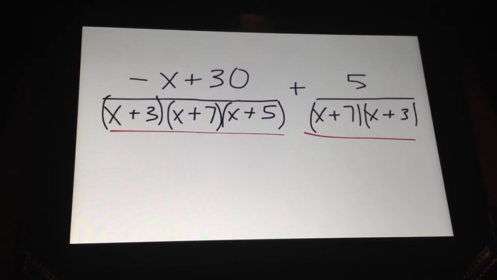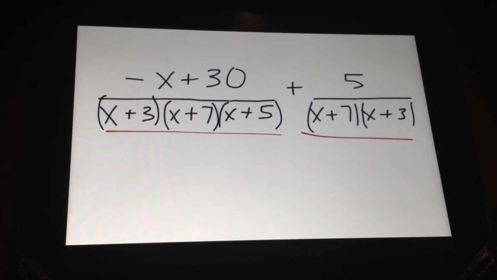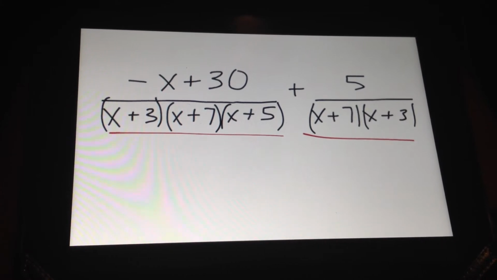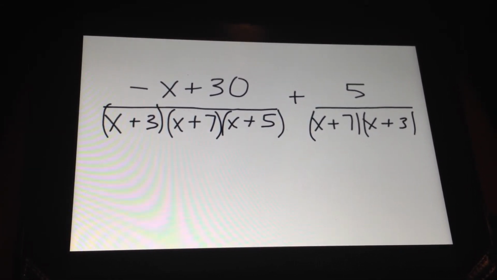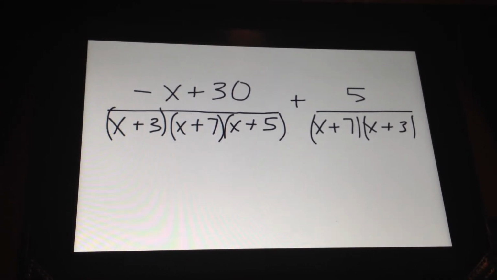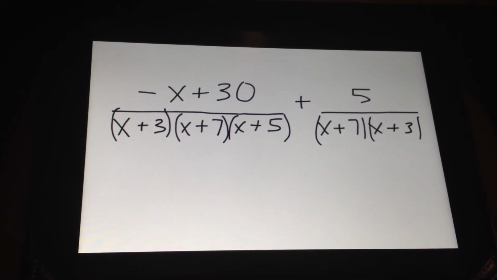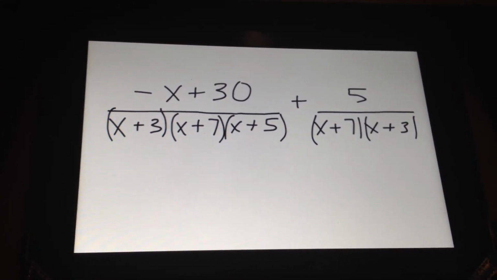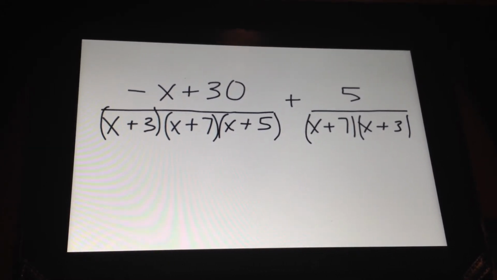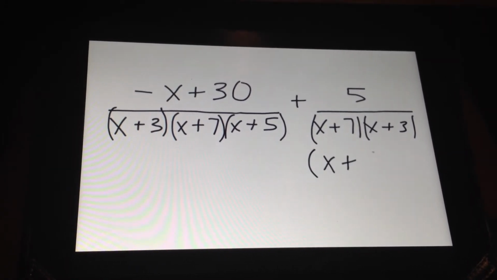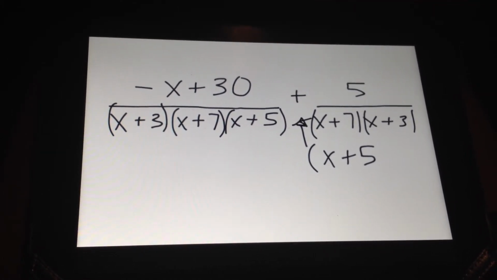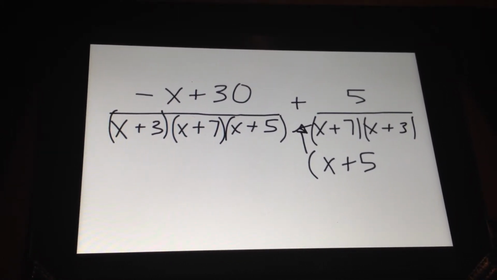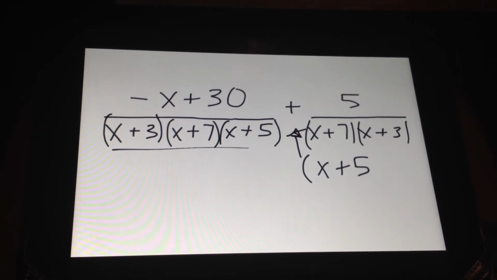Well, all we have to do is add the x plus 5 on there and times it by that. So, just like with regular fractions, you just times it by the bottom number and times it by the top number. So, I just put in x plus 5 right here next to it, because putting it right next to it just means times, so then it ends up looking just like this on the bottom.